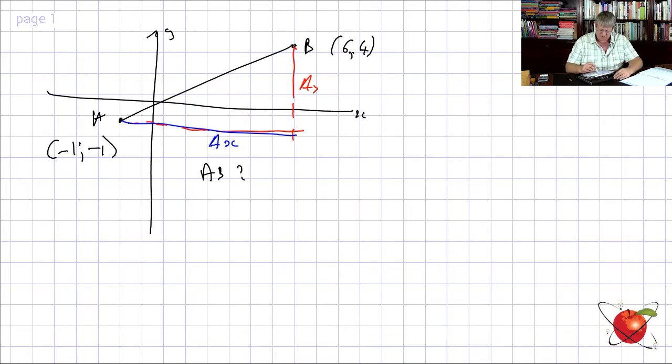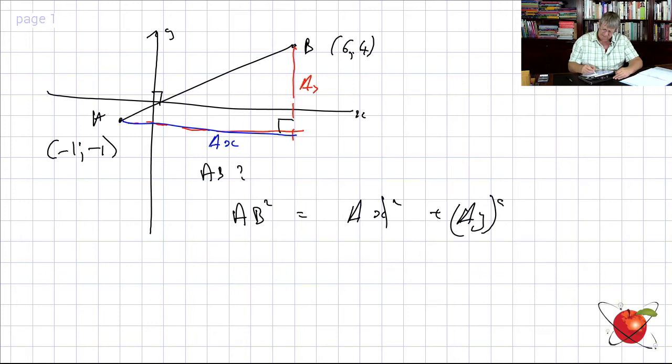Well, that straight away says, hang on, because that's a right angle, because that's 90 degrees, remember? So therefore AB squared is equal to (delta X) squared plus (delta Y) squared, and let me put them in brackets like that.